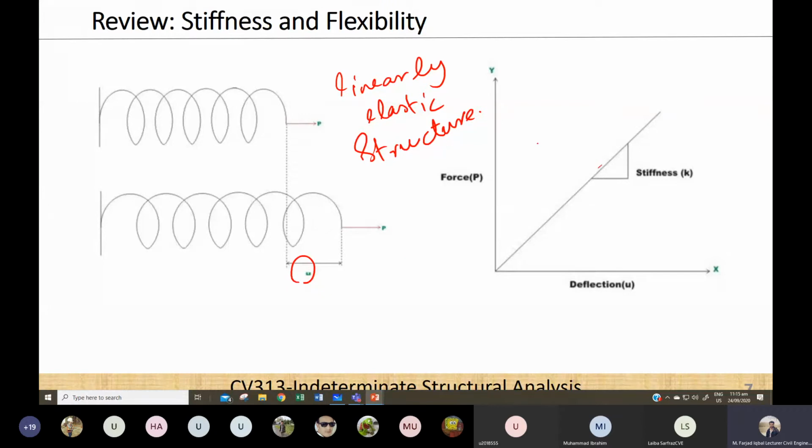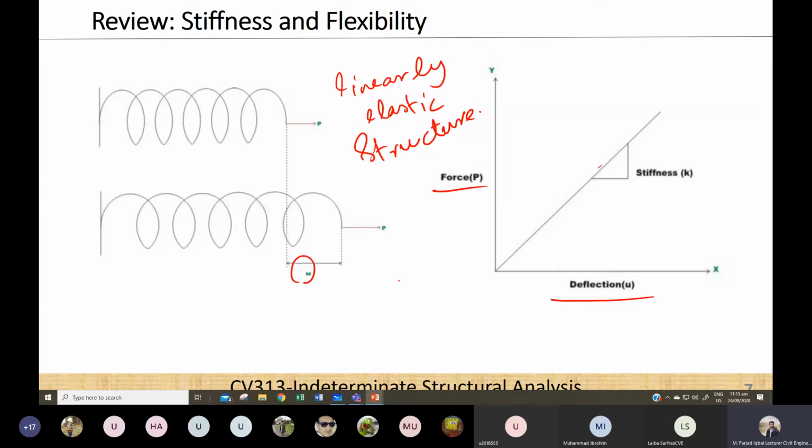So if you plot this force, you know that as you increase the force, the deflection will continue to increase and you will have this 45-degree line. Now what is stiffness? Stiffness is basically the slope of this linear line, or the slope of the force-deflection relationship.